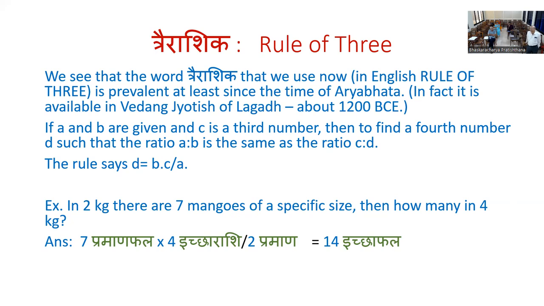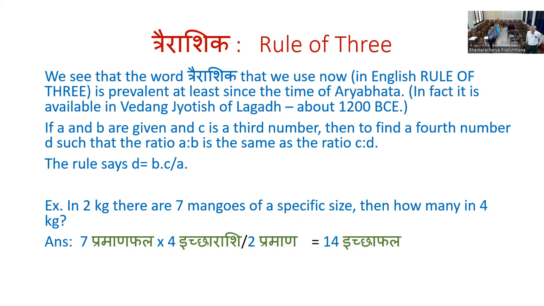And phala means answer. So answer for this number which you have in mind, that is 4 kg. And Pramana phala and Pramana. So 2 kg is Pramana, and Pramana phala, that is the answer for this Pramana, is 7 mangoes.